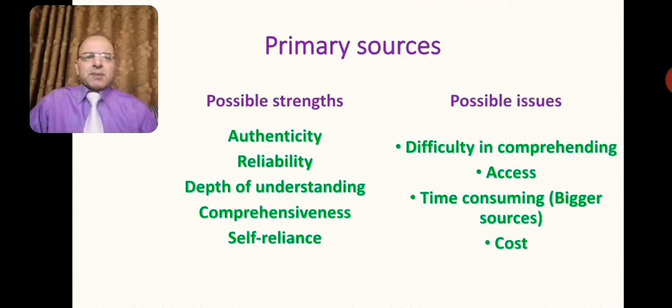Then the primary sources are also time consuming, because in many cases if you want to read a whole book to refer to in your thesis, it might become quite difficult. In contrast to this, if you go and find secondary sources that might have shorter summaries of the primary sources, that could be better. And then the cost, of course. In many cases, access to primary sources will be quite expensive, so that might also be an issue.